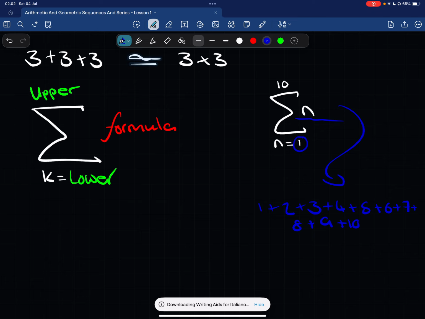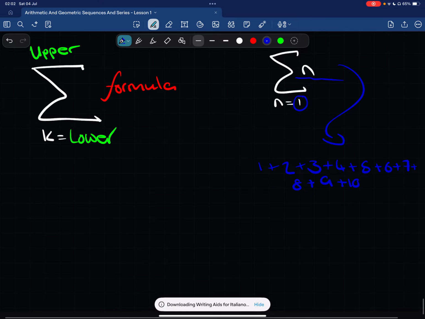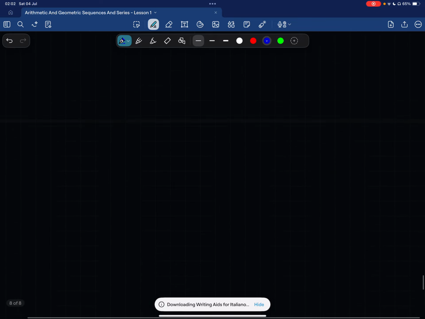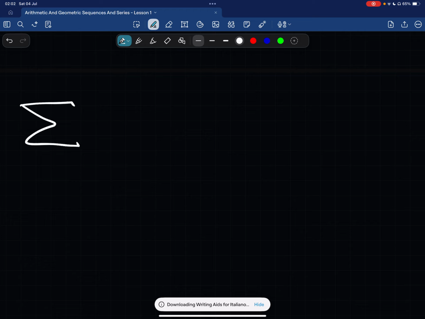And that is the basics and really the essence of sigma notation. Let's do another example. In a previous video, we determined that the even numbers are denoted by 2n.